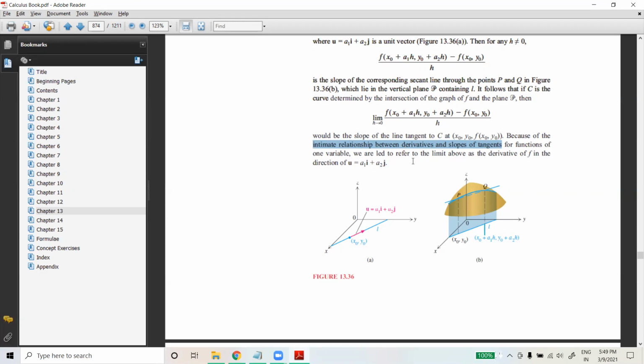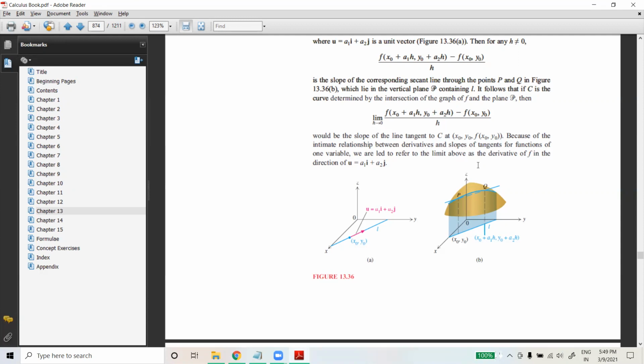Okay, so what they are saying is in one dimension we have seen that the derivative means the slope of the tangent line in 2D, isn't it?